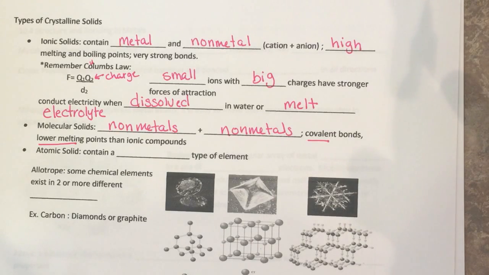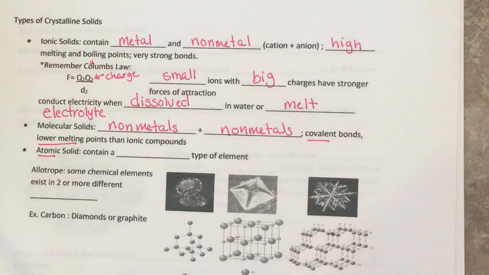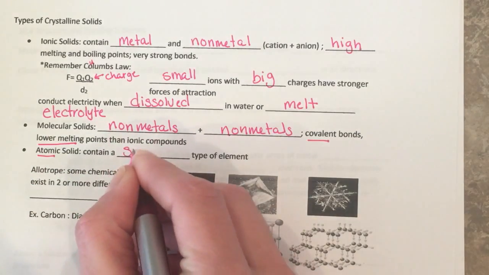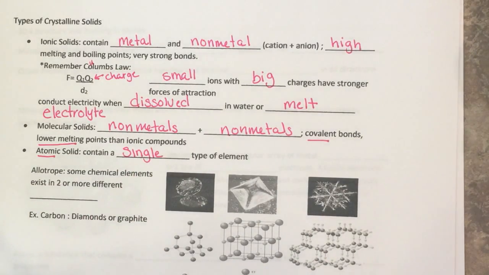Now, when we talk about atomic solids, atomic as in atoms, they only have a single type of element. So for example, we'll have carbon, or we'll just have lead, or we'll just have gold, but it's only one type of atom. When we talk about atomic solids, sometimes we'll describe them as allotropes.